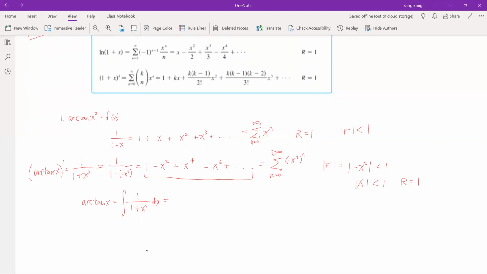If we do that, we'll be left with x minus x cubed over 3 plus x to the 5th over 5 minus x to the 7th over 7, dot dot dot, and so on and so forth.